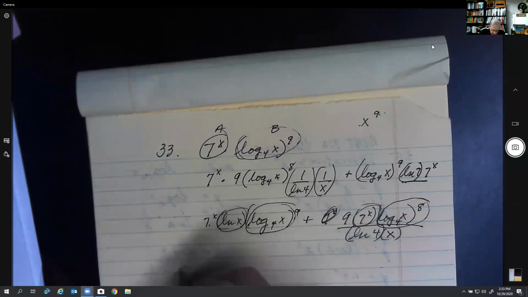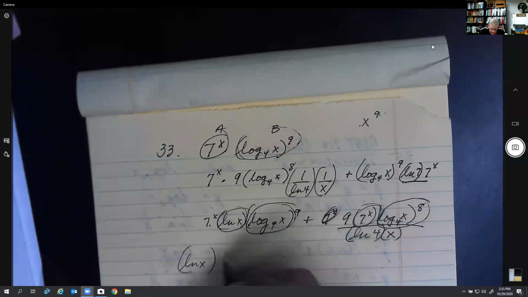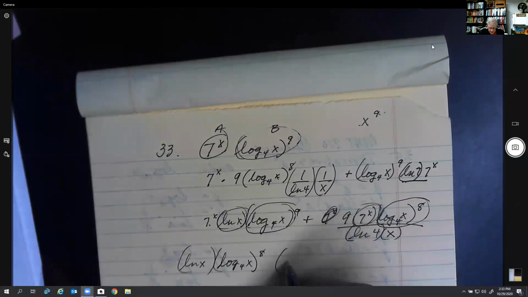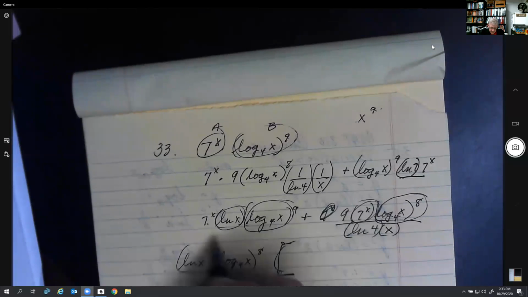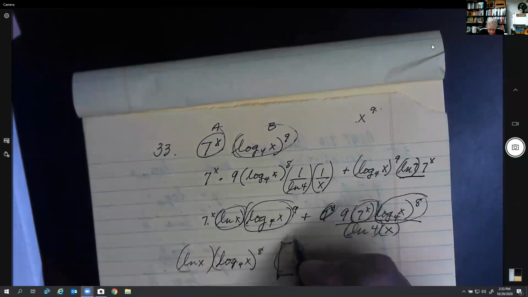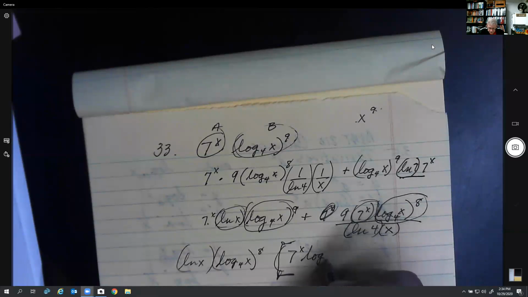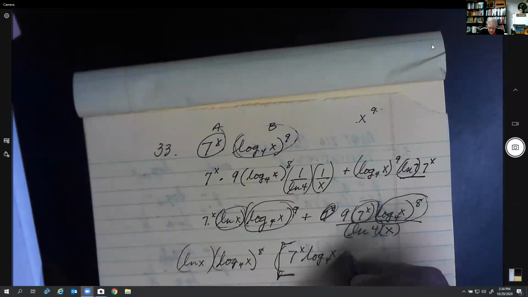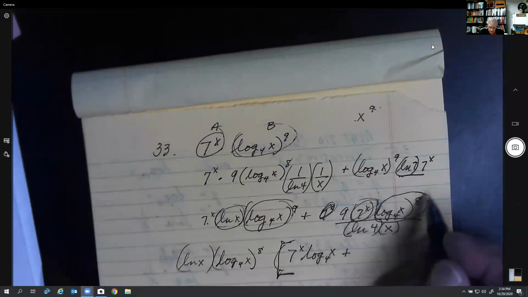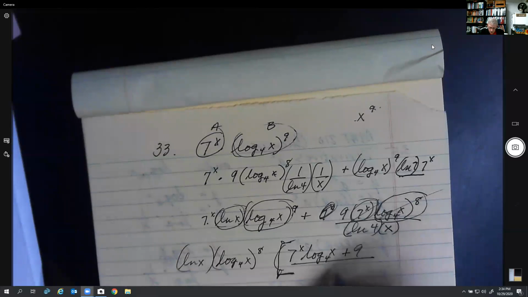Personally, I would have left it as the natural log of x times the log base 4 of x to the 8th times, put a big bracket here, times, see, this would have still been a power of 1, so 7 to the x log base 4 x plus, and these two things would have been gone, plus 9 over ln 4 x ln 4, something like that.